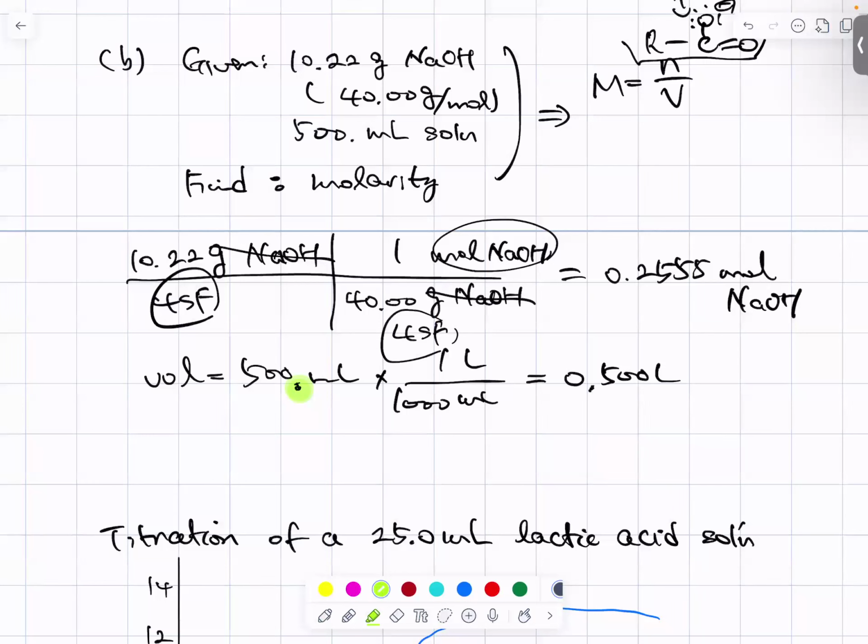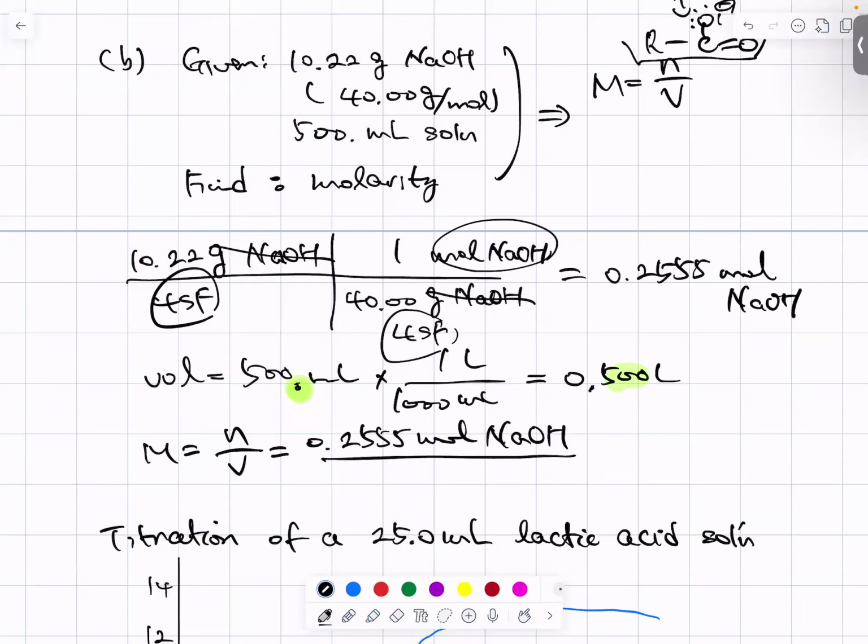So we need to definitely write the trailing zeros there. So keep 3 sig figs. Okay, finally let's put it into an equation. Molarity is calculated by the mole number of the solute normalized by the volume. So let's plug in 0.2555 moles of sodium hydroxide, dissolved in 500 milliliters, which is 0.500 liters.